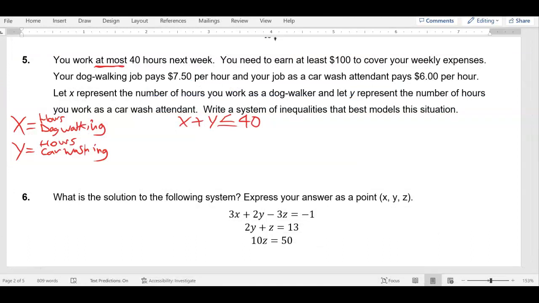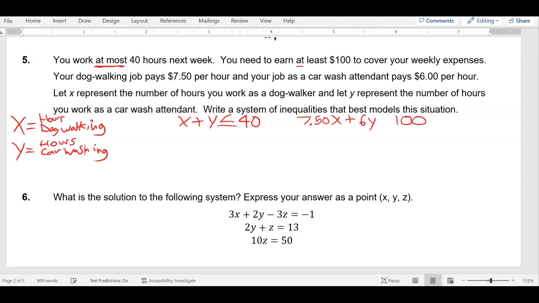All right, and I'm going to space it out over here. My other equation, we're going to talk about some money. So with x, dog walking, how much do I make? 7.50. So 7.50x plus, and my y, money, $6 per hour, $6 per y, car washing, okay, equals, not equals, let's leave a space, and I'm trying to make something with $100.